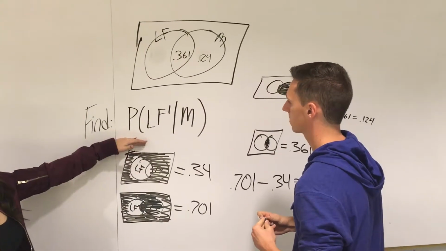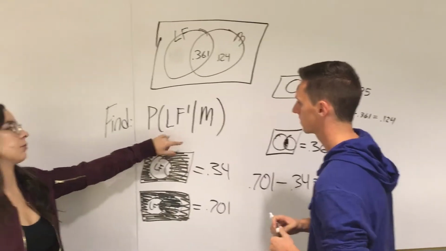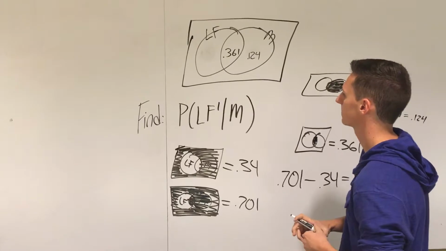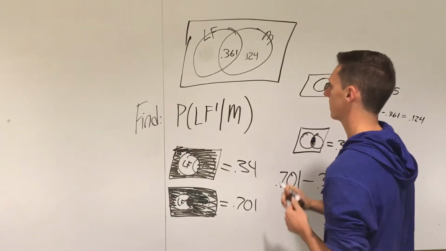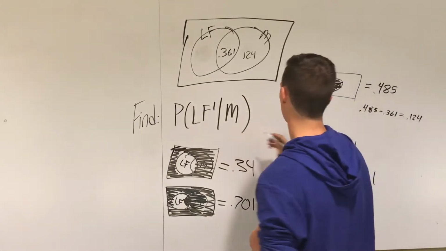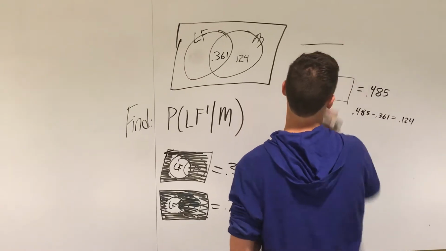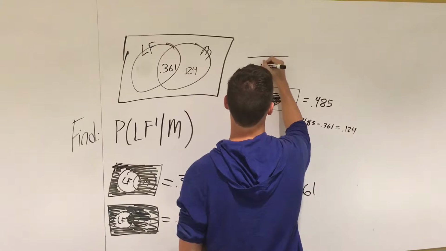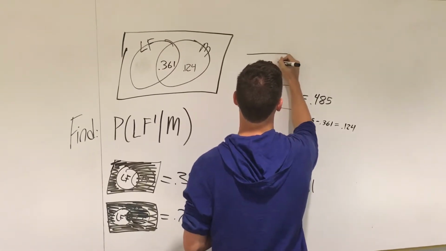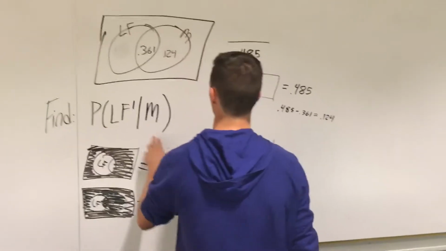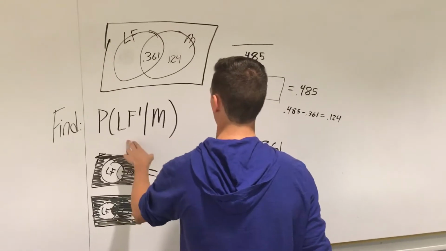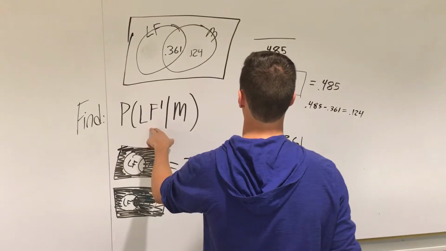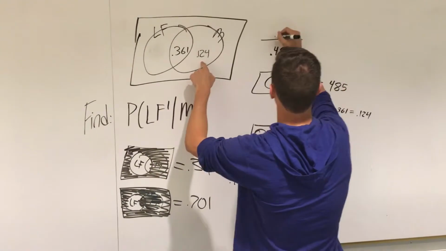So we're trying to find the probability that they're not in the labor force given that they're male. Okay. So how many are total males? 0.485. Right, so that's going to be on the bottom because they narrowed down our population to just those who are males. And now we're looking specifically at those who are not in the labor force, which is this 0.124.